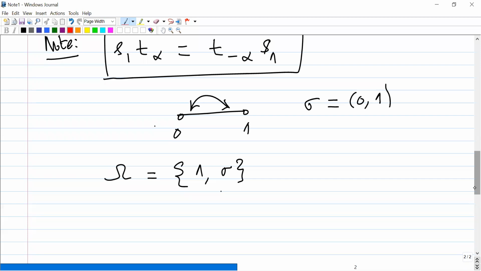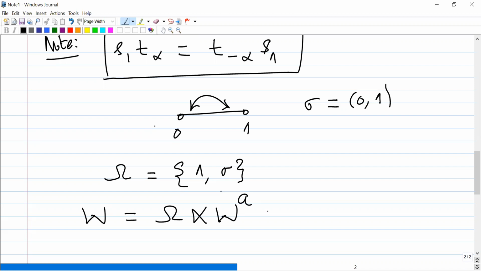Then what is our extended affine Weyl group? The extended affine Weyl group is nothing but a semi-direct product of omega and the affine Weyl group.